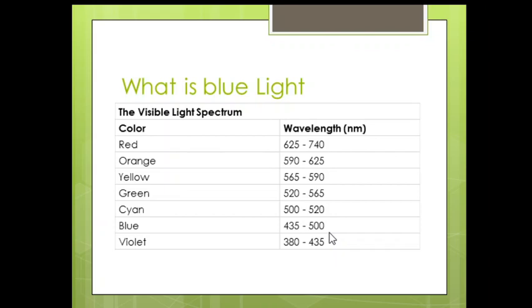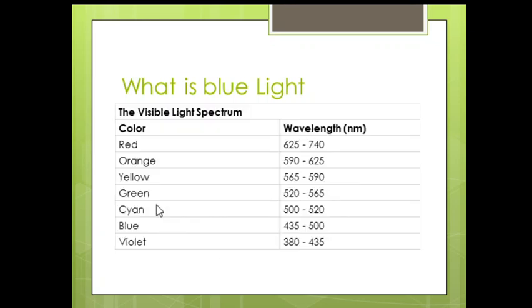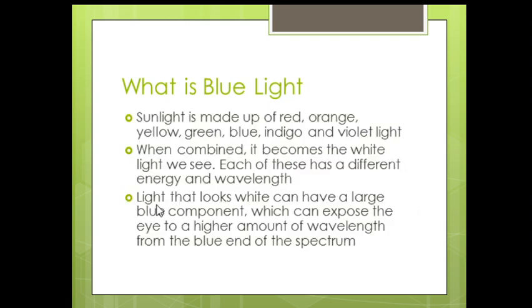Here we can see the blue light spectrum and how it looks. 400 to 500 nanometers is the blue light range. Blue light is basically part of sunlight.